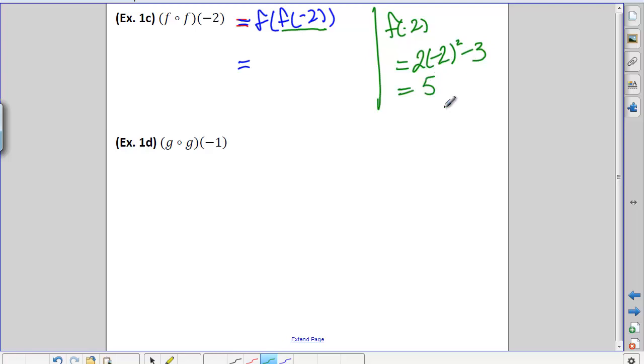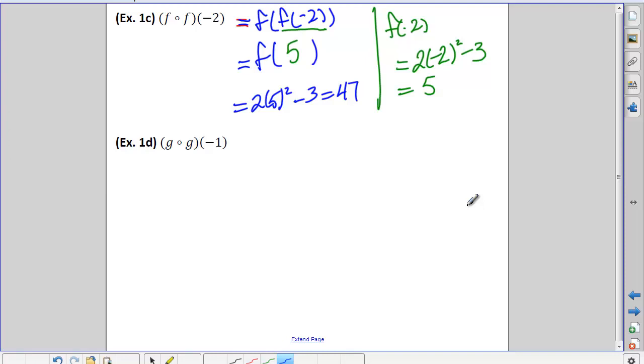I believe that's 5. So now we plug that back into the f function again. 2 times 5 squared minus 3 should be 47. Okay. So we're just plugging that x value into that function twice. First it goes to the inside function, and then the result goes into the outside function.